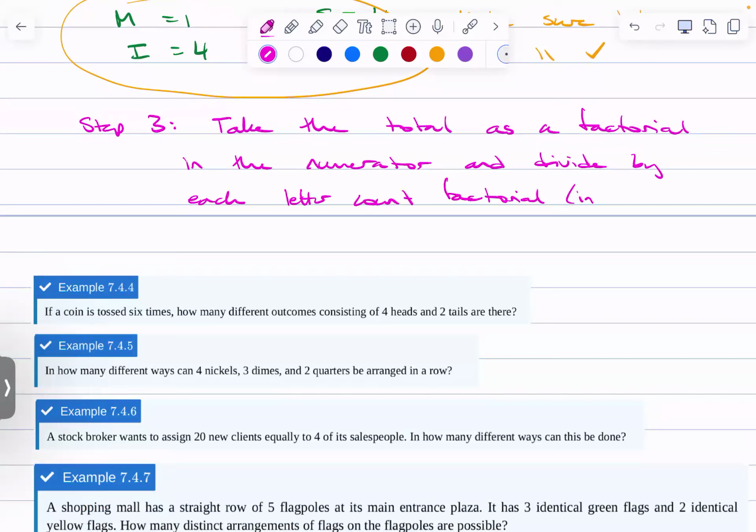I'll say in brackets in the denominator.